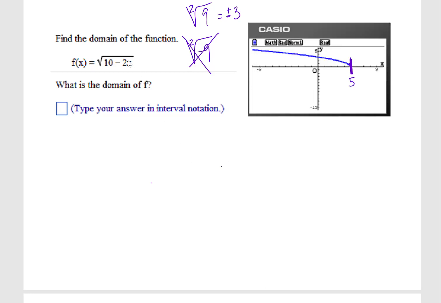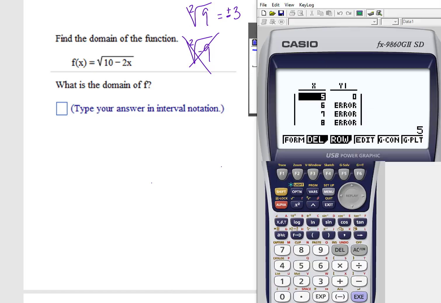If I put 6 underneath here, 10 minus 2 times 6, which is 12, 10 minus 12 would get me a negative value, right? But if I have a 5 there, 10 minus 2 times 5, which is 10, then I would get a 0 underneath the radical. And notice that my output, when I had 5 as my x, was 0.